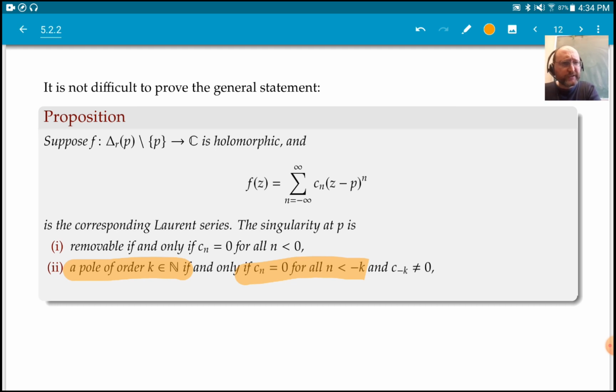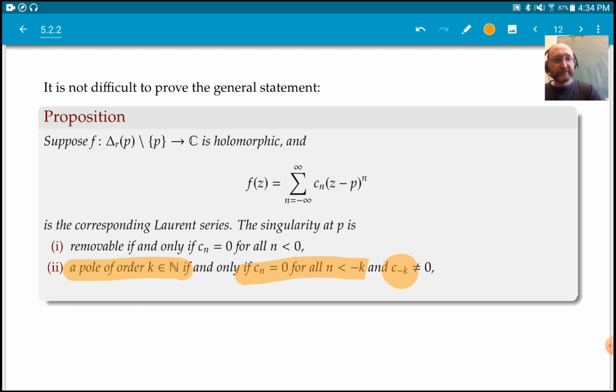And since we want it to be exactly of order k, the negative kth term should be non-zero. So c_{-k} should be non-zero, and all the lower order terms should be 0. That's an if and only if for being a pole of order k.